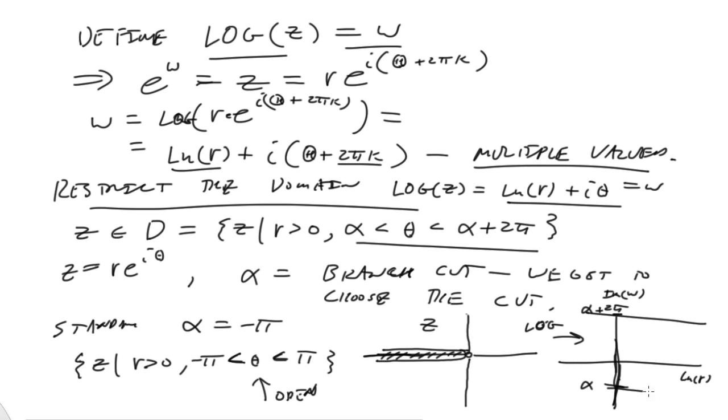So the range or the image of this branch cut is going to be all this strip in the w plane. Okay, so that's a good example of what we're doing here. Again, standard is to choose the branch cut to be right there.